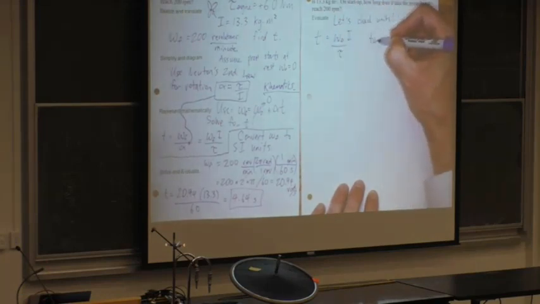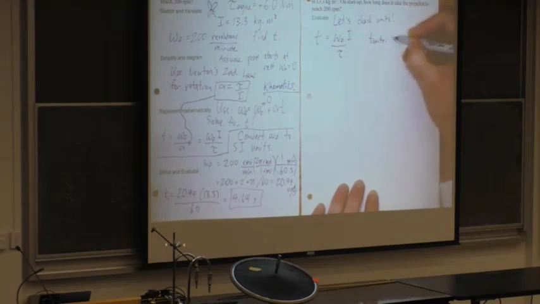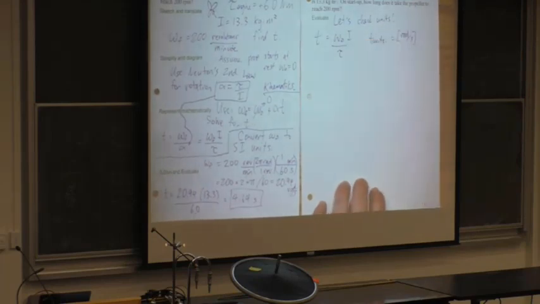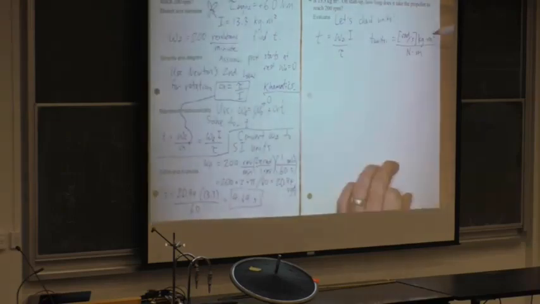So the T units are going to be equal to omega final units, which is radians per second, times the I units, that was kilograms times meters squared, divided by the tau units, and that was newtons times meters. So I guess the meters squared cancels this meter.